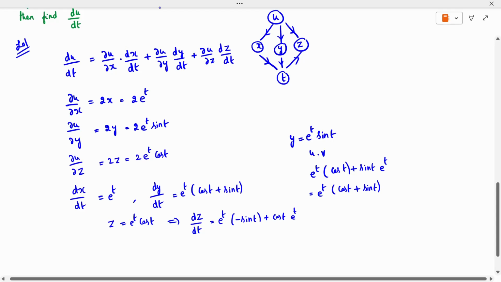So substitute everything in the given formula.